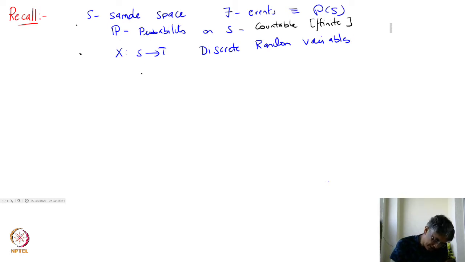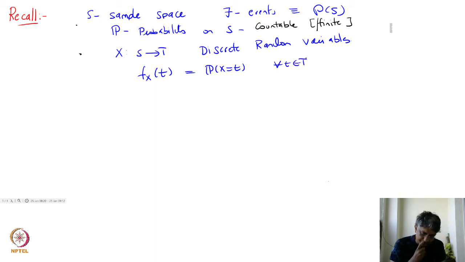And for these, we know that the probability mass function, the PMF, probability X equal to t for all t in T, provides the entire distribution of X.